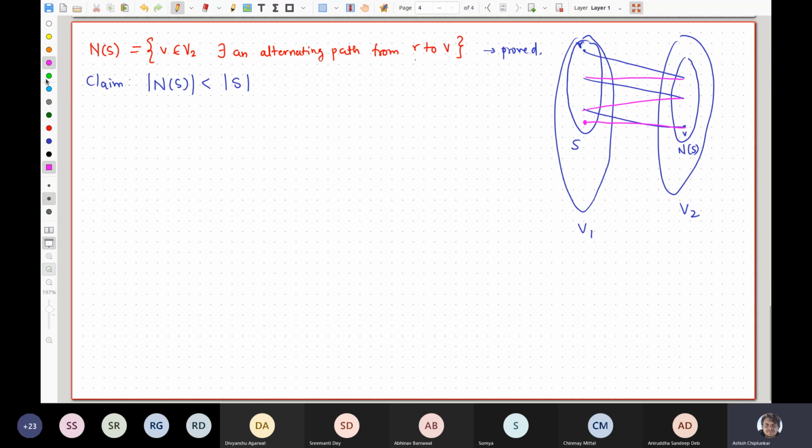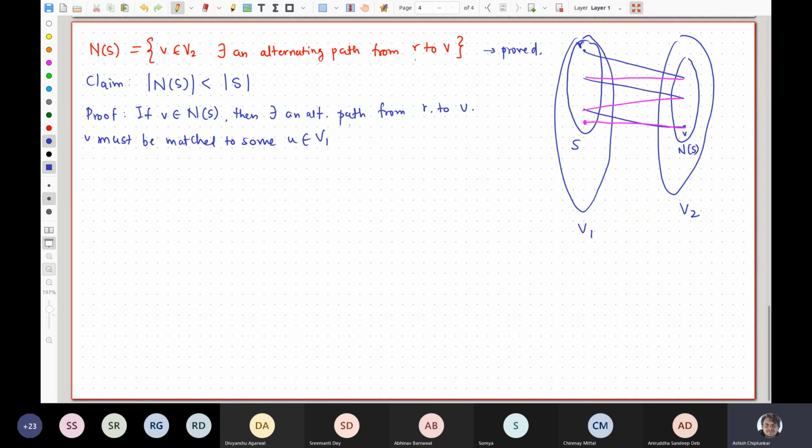Let us write this down. Proof: if V is in NS, then there exists an alternating path from R to V. So V must be matched to some U in V1.